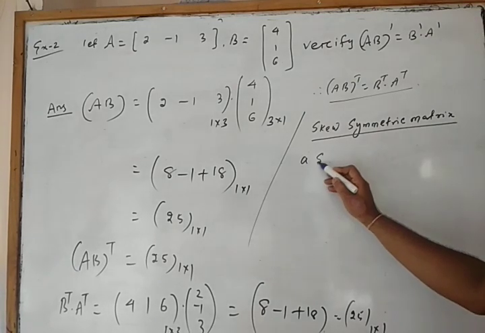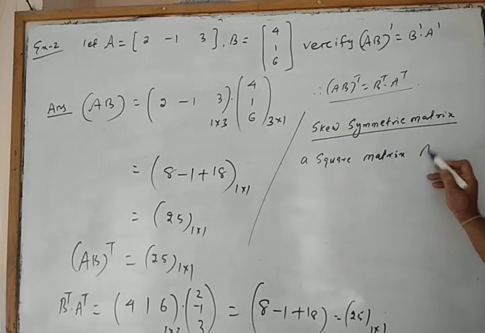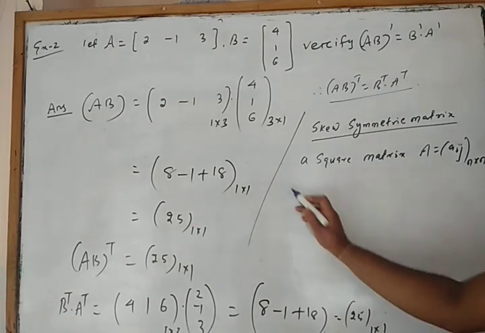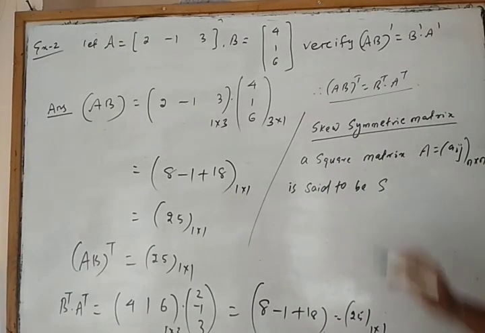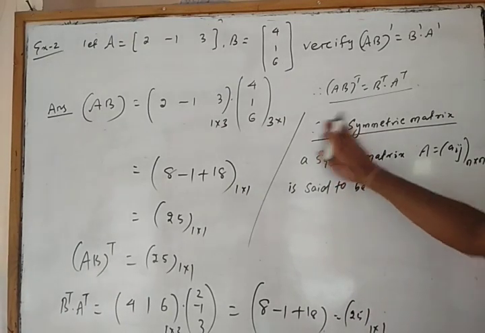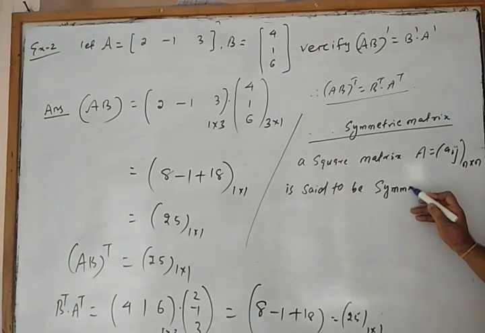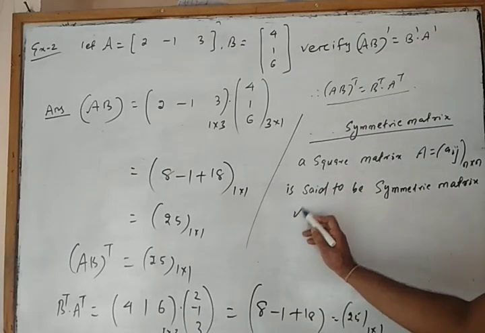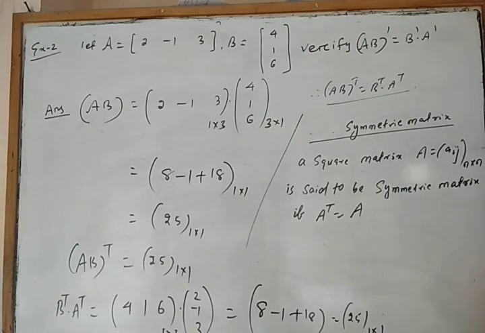A square matrix capital A of order n cross n is said to be a symmetric matrix if A transpose equal to A. So what do you mean by symmetric matrix?